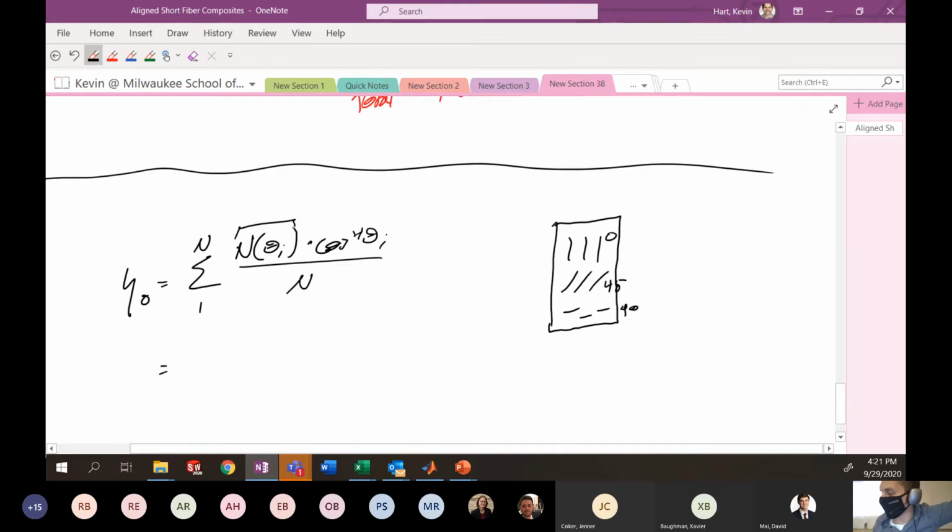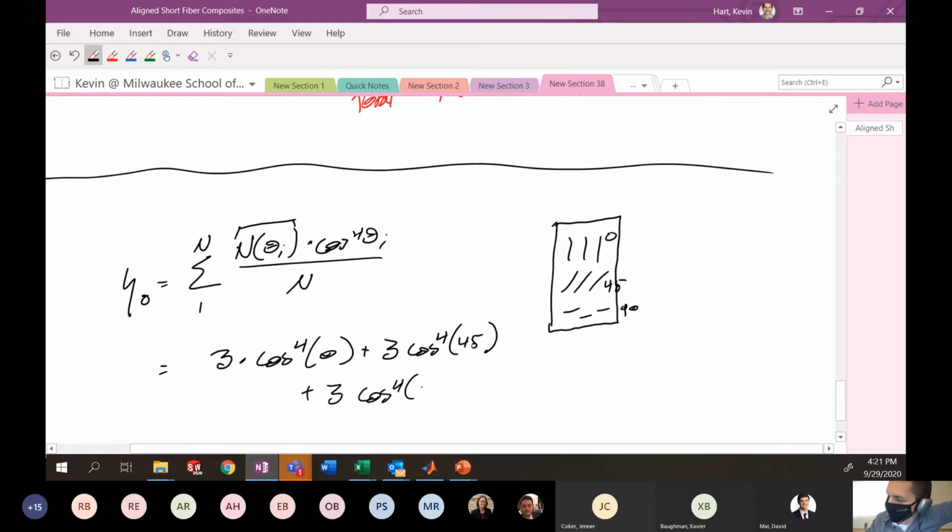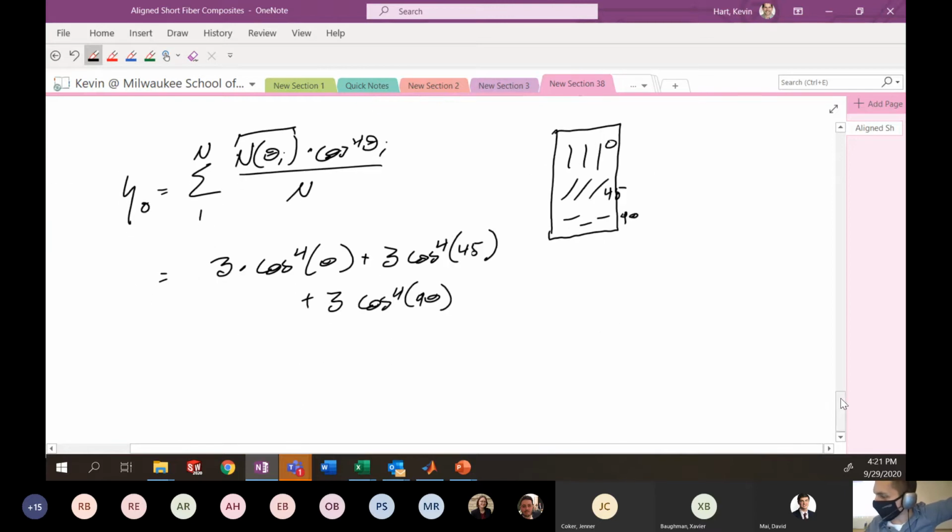The number with an orientation of 0 is 3 times cosine 4 0, plus 3 that are cosine 4 45, plus 3 that are cosine 4 90. All of this gets divided by the total number that you have, which is 9.